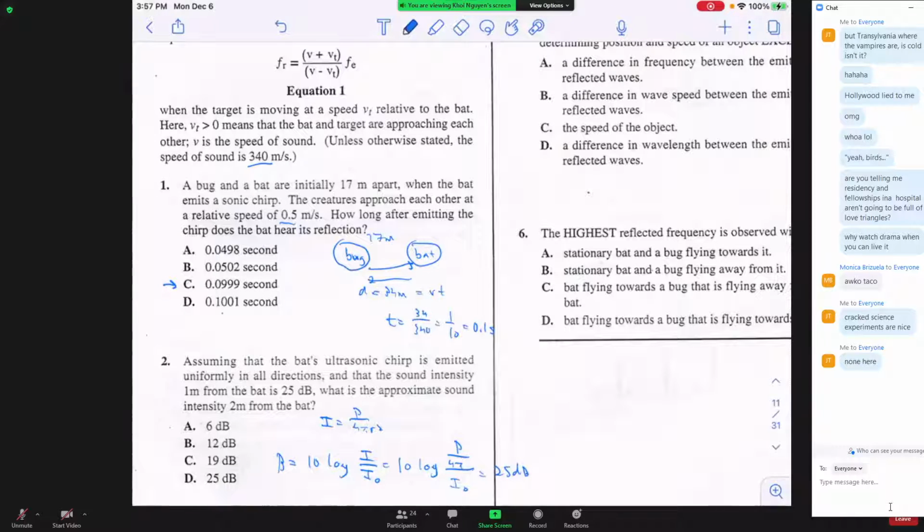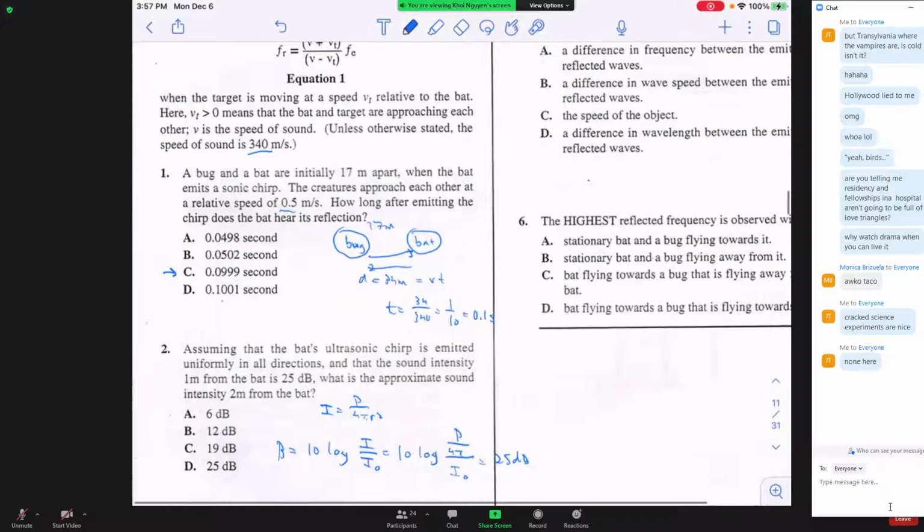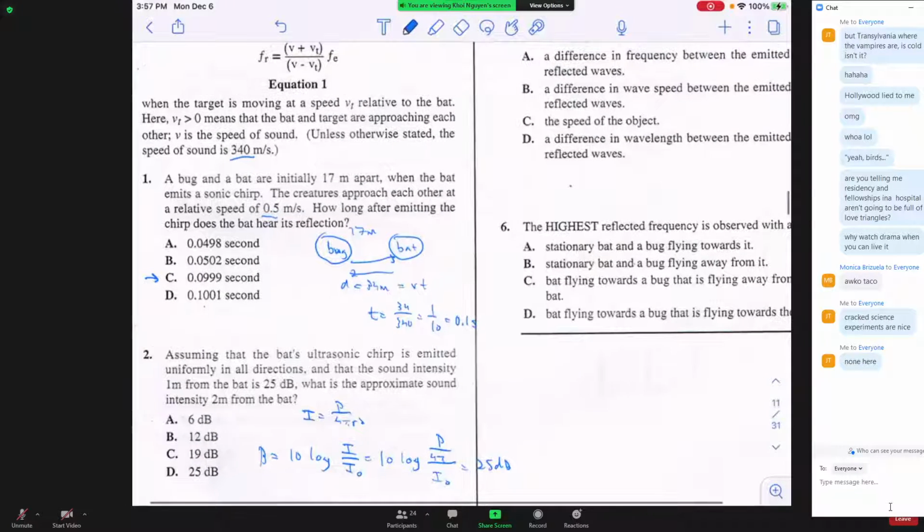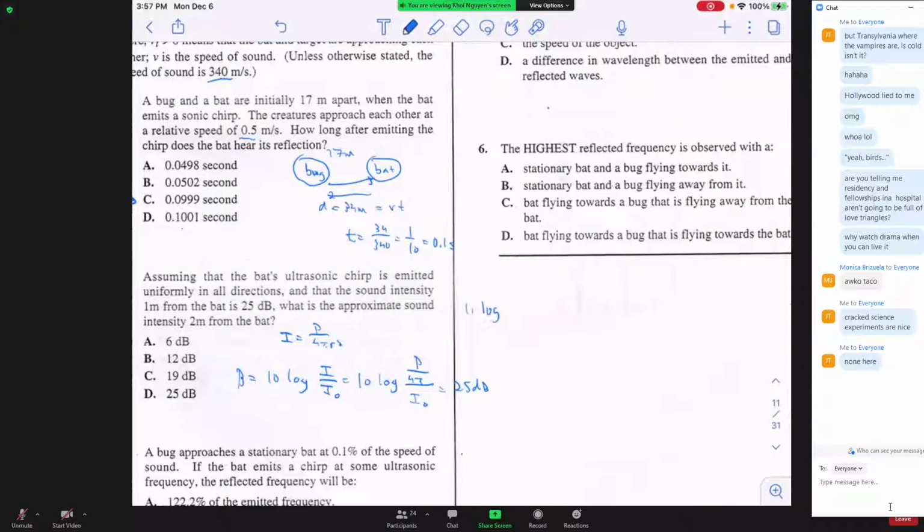What happens is r is 2, so r squared becomes 4. So you're basically going to subtract. We can rewrite that as 10 log of P over 4 pi divided by I naught, minus 10 log of 4.